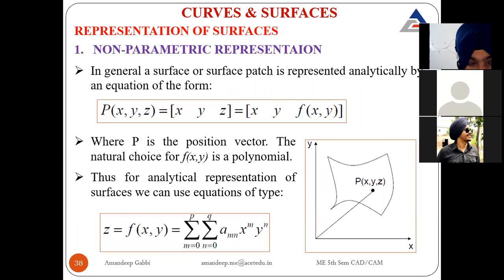Similarly, in non-parametric representation of surfaces, you can see x, y and z as three coordinates, where z is a function of x and y, or y is a function of z and x, or x is a function of y and z. Similarly, it can be implicit and explicit. The natural choice is a polynomial. Thus, for analytical representation of a surface, we can use an equation of this type.